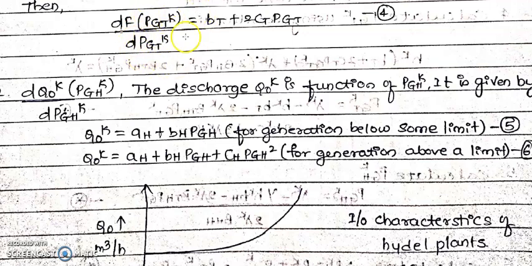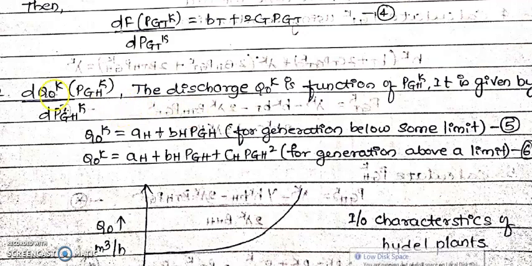Here the discharge q naught raised to k is a function of pgh raised to k, that is, the total power generated from the hydro power plant at the kth interval.